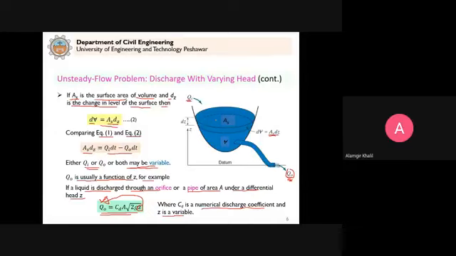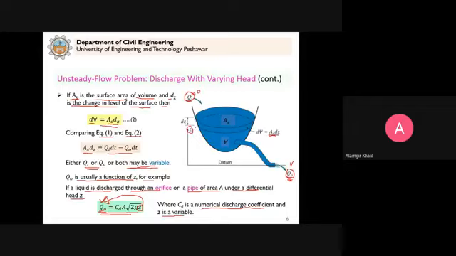So if you keep the head constant, if Z is constant, what will be the discharge outflow? It will also be constant, correct? So in that case, Qi will not be variable. But let's say we have a tank or reservoir and Qi is zero. Then what will happen to Z with Q naught?